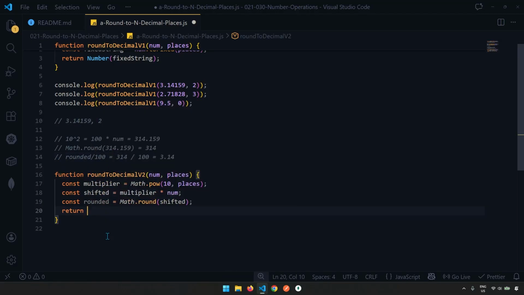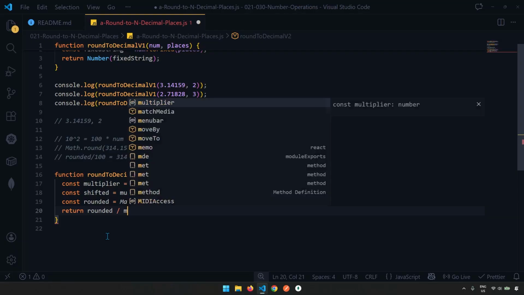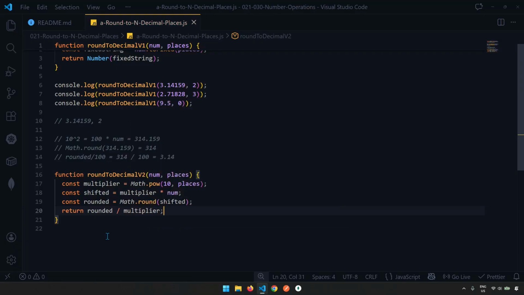So should I divide it by 100, 200? I'm not sure. Like 1,000, 10,000, 100,000, 1 million. It's not going to be 200, but it's going to be 10 to the power of something. But we specified that using the multiplier because we want the solution to work for any number, and that's it.